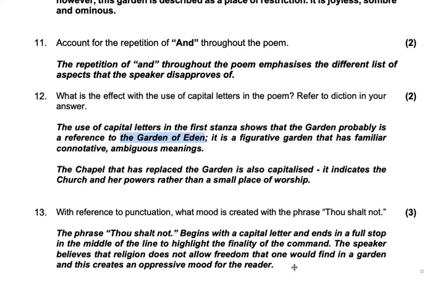Okay, last question. With reference to punctuation, what mood is created with the phrase "Thou shalt not"? The phrase "Thou shalt not" begins with a capital letter and ends with a full stop in the middle of the line to highlight the finality of the command.